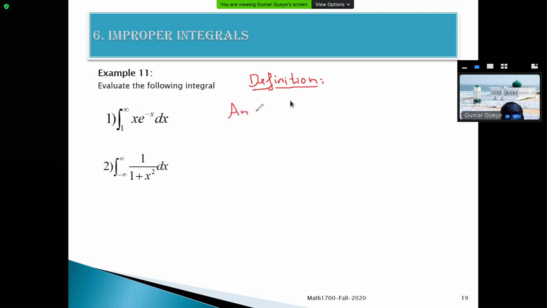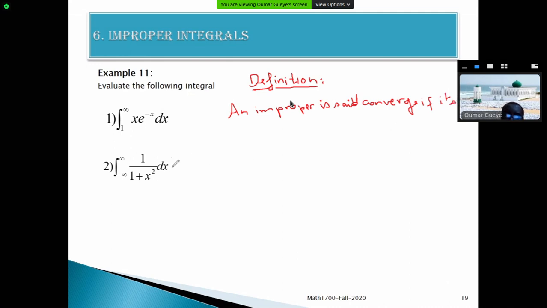An improper integral is said to be convergent if its value is a real number.